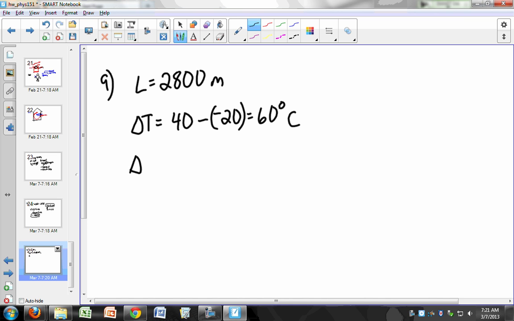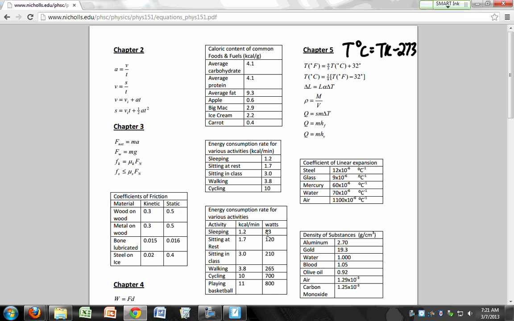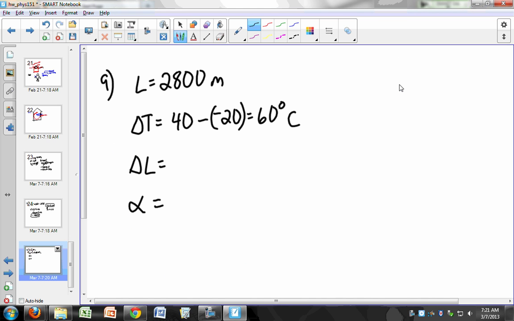What is delta L? We also need to know the coefficient of linear expansion, and it says that the bridge is made primarily of steel. The coefficient of linear expansion for steel is 12 times 10 to the minus 6.